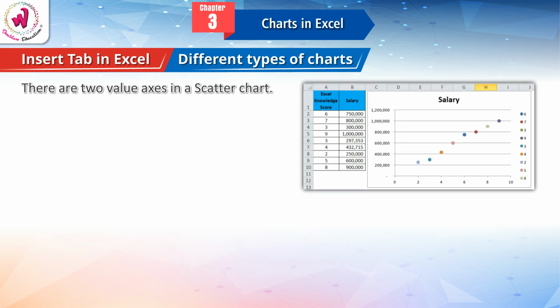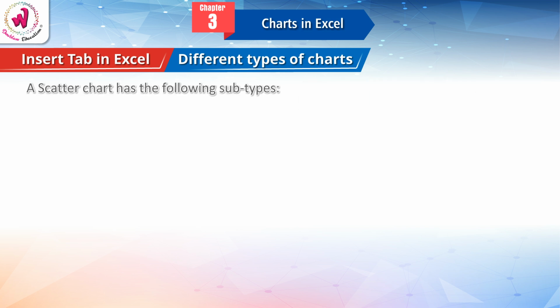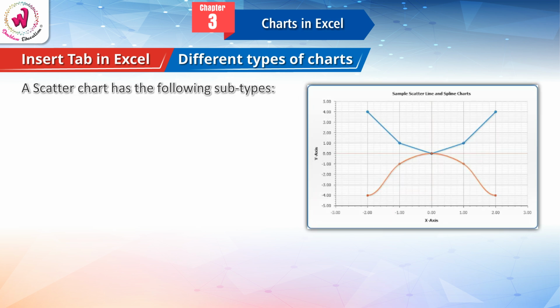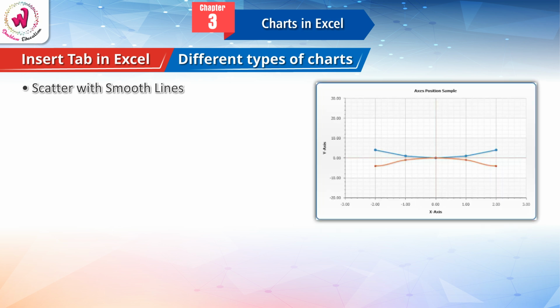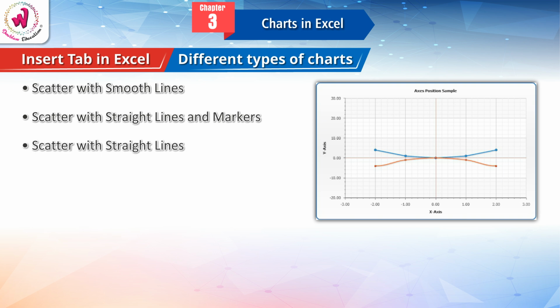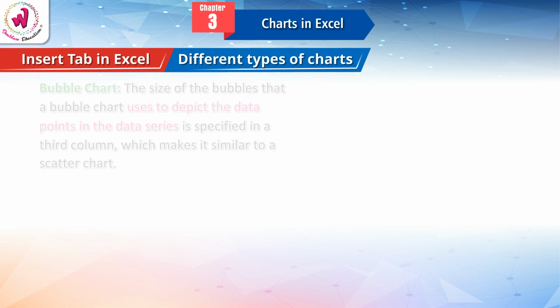There are two value axes in a scatter chart: horizontal X value axis, vertical Y value axis. A scatter chart has the following subtypes: scatter, scatter with smooth lines and markers, scatter with smooth lines, scatter with straight lines and markers, scatter with straight lines.